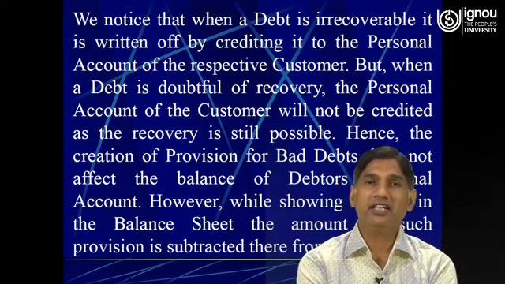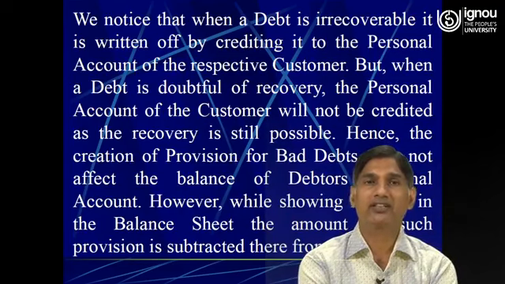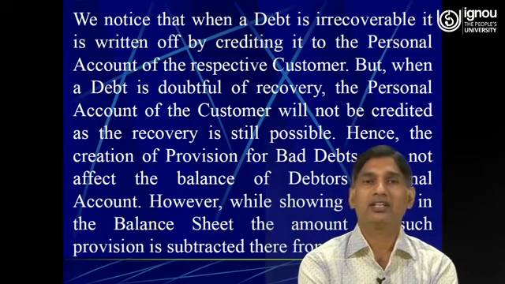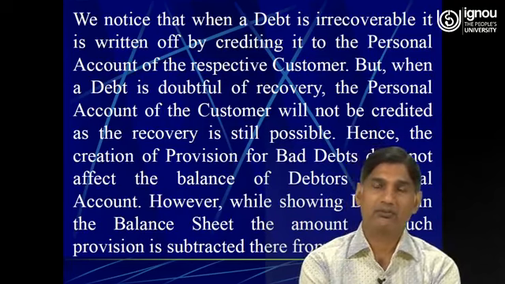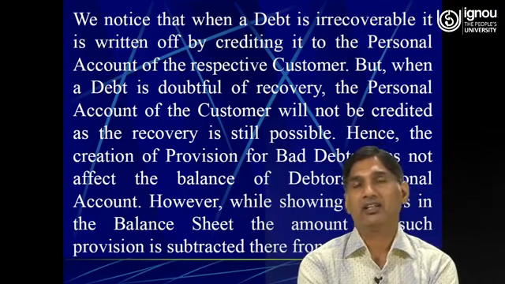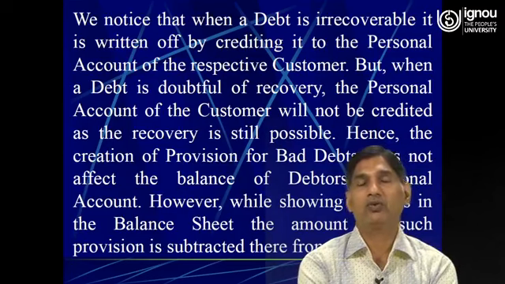Hence, the creation of provision for bad debts does not affect the balance of the debtor's personal account. However, while showing the amount of debtors in the balance sheet, the amount of such provision is subtracted from it.